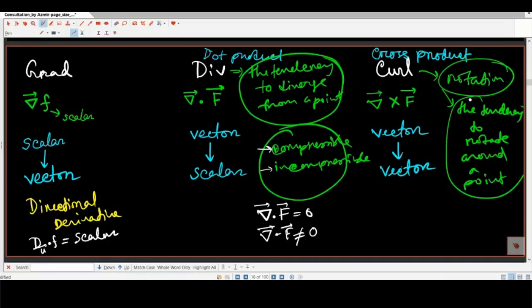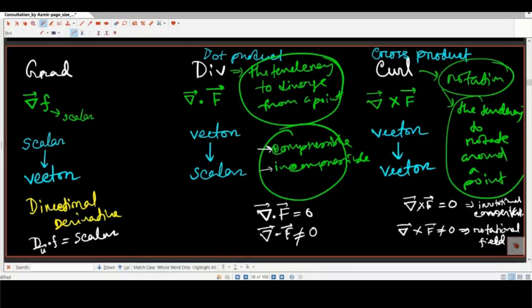By curl, we understand the rotation. If the curl of F is 0, then there will be no rotation. So it is called irrotational or conservative field. If curl is non-zero, then we can understand that there will be rotation because curl has a value, so it will be a rotational field.